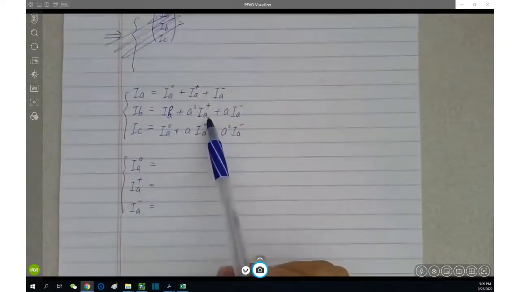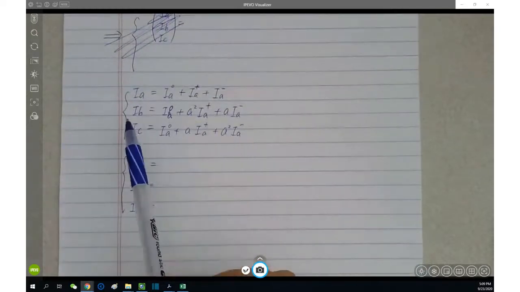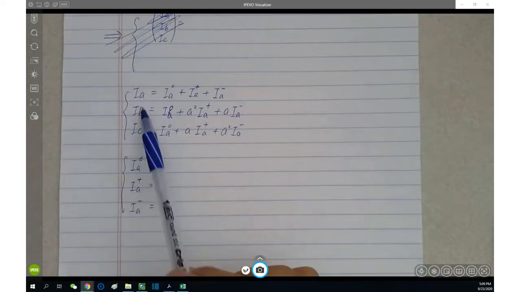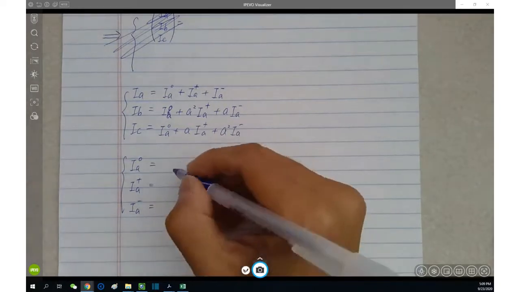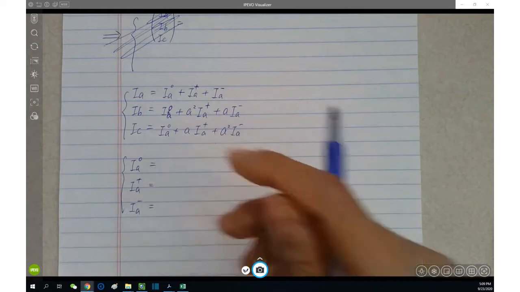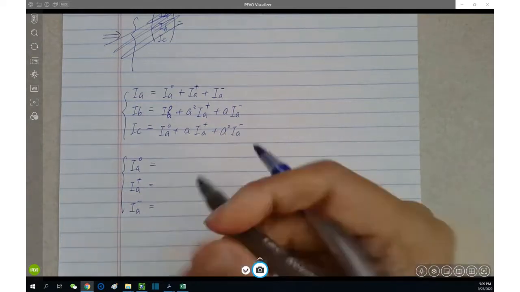So this is knowing the symmetrical components and looking for the three-phase unbalanced total current, and this is knowing the three-phase unbalanced current and looking for the symmetrical components. So be very, very careful which one we are talking about. There's a tricky constant.